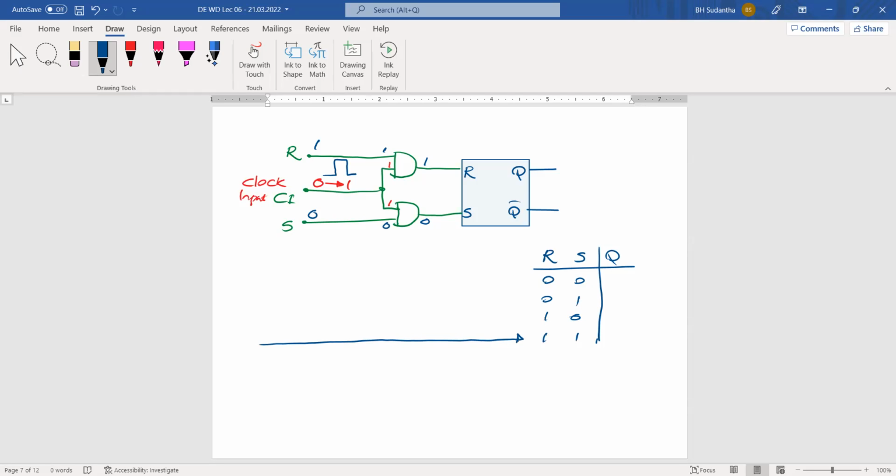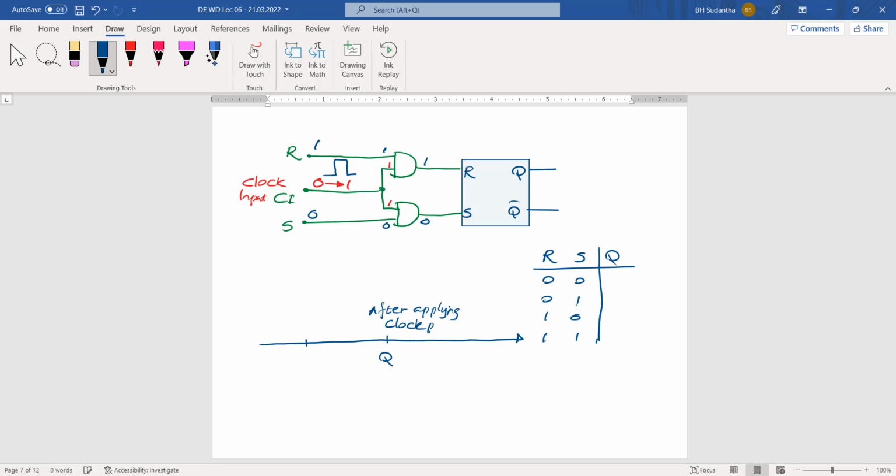Here, in this timeline, instead of present Q, previous Q, next Q like that, we have clearly two different things. This is Q, and this Q is after applying the clock pulse.